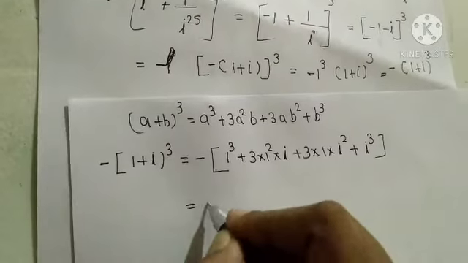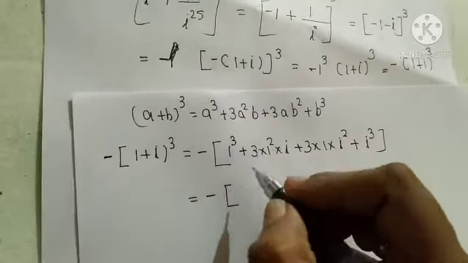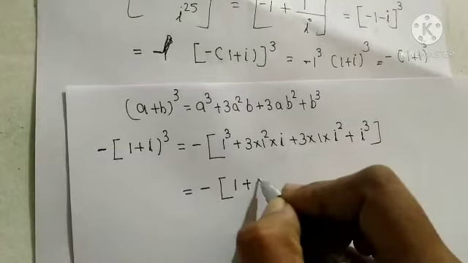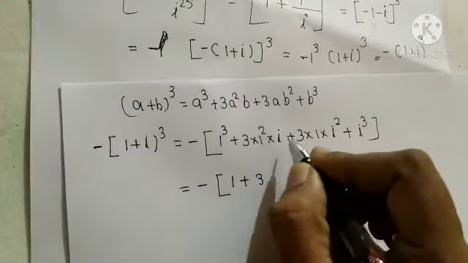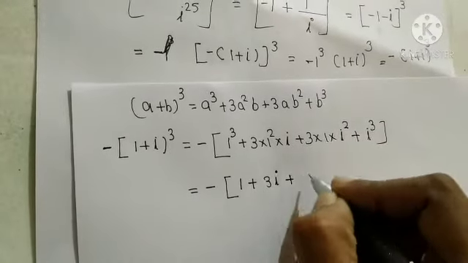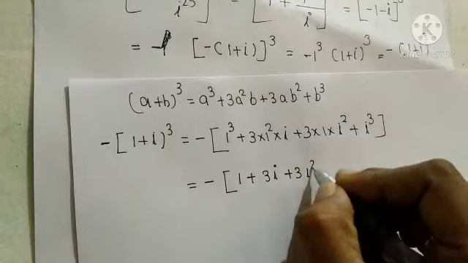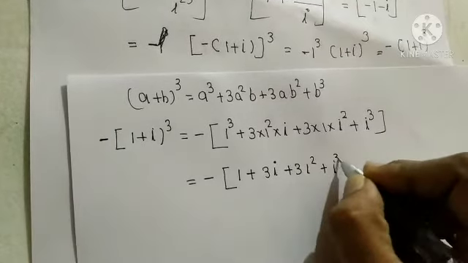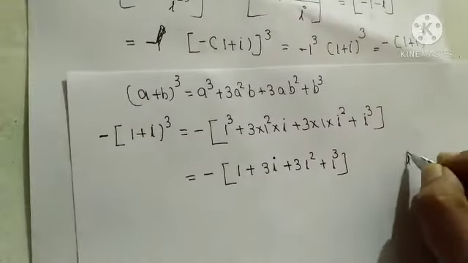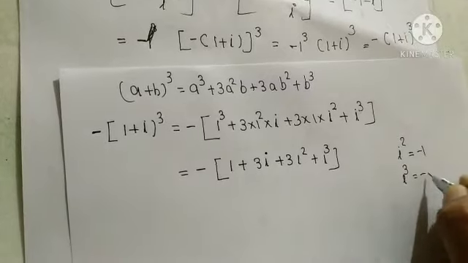Which is equal to minus of 1 cube is 1, plus 3 into 1 square into i changes to 3i, plus 3 into 1 into i square is 3i square, plus i cube. We know that the value of i square is minus 1 and i cube is minus i.